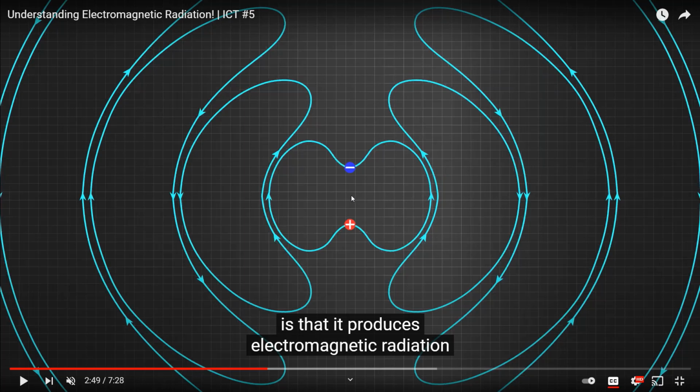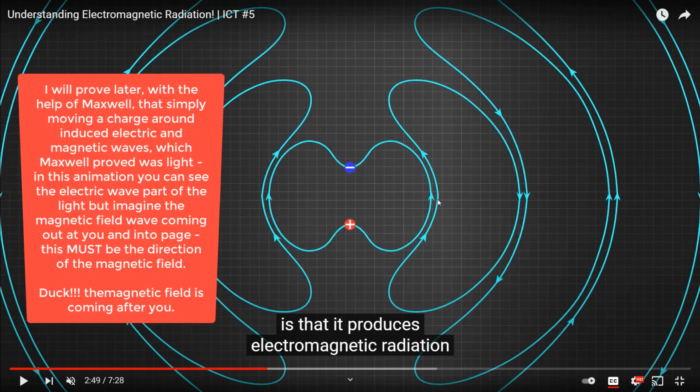The wave, the electric wave in this example, actually it's called the electromagnetic wave, is moving to the right. Okay, it's actually moving away. It's actually moving out in 3 dimensions, but at this particular point, it's moving to the right. So you also have a magnetic field which is changing, and it is perpendicular to the electric field, which means it's at a 90-degree angle to the electric field, and it's also at a 90-degree angle to the direction of travel of the wave, which is to the right.